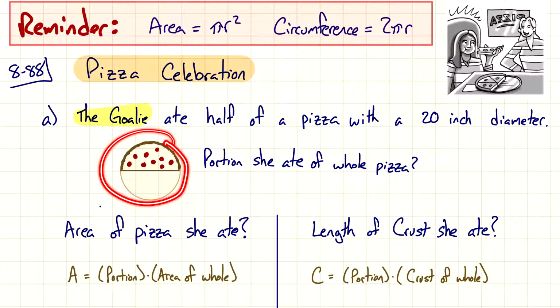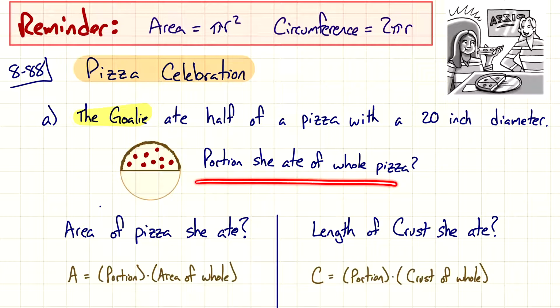Visually, we could see how much pizza she ate. It says ate half of a pizza. Right? So I've drawn in half of a pizza. And so if I ask the question, what portion of the pizza did she eat? Well, that information was already given to us, right? So we could say that the portion she ate was 1/2 of the pizza.